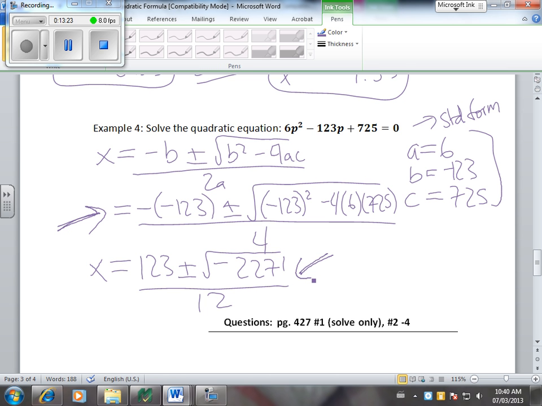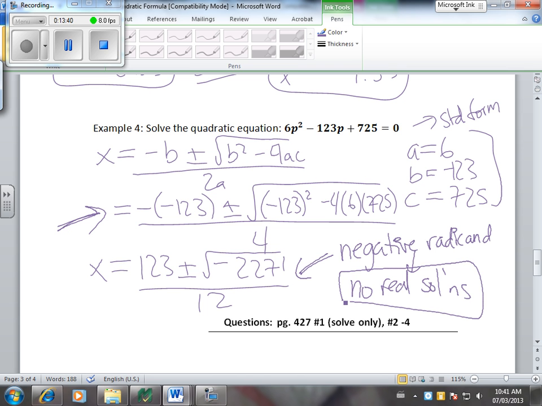So if we have a negative radicand, anyone remember what this means? It means that there are no real solutions. So this parabola would not cross the x-axis. Try it on your calculator. Try putting a negative in a square root, like the square root of negative 3 or the square root of negative 9, and you'll get an error that it does not exist.